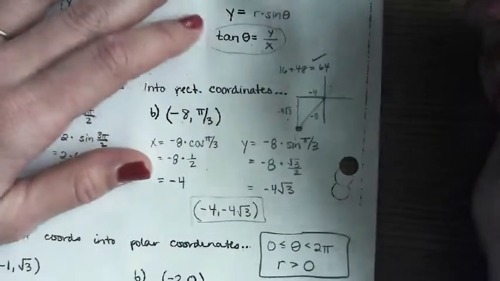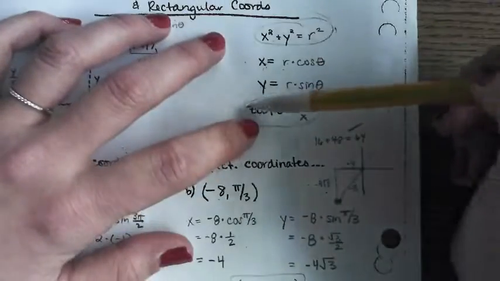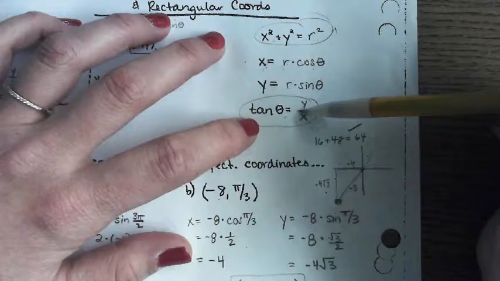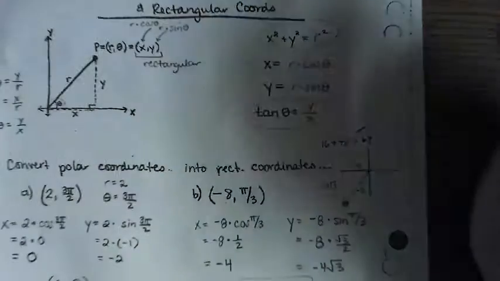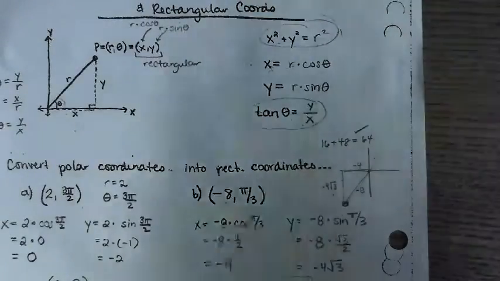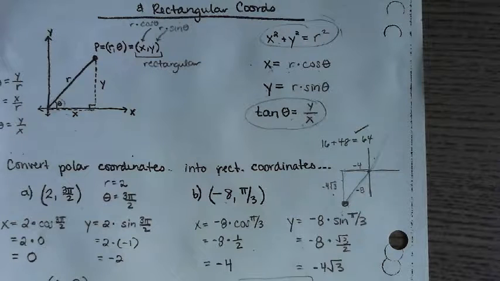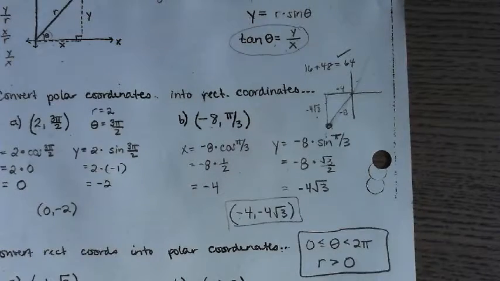So yeah, you could definitely do it that way. Use this one to find theta, this one to find r, and be done with it. That's fine. Correct. Right, because we're making sure we're just going 0 to 2 pi, not inclusive of 2 pi.